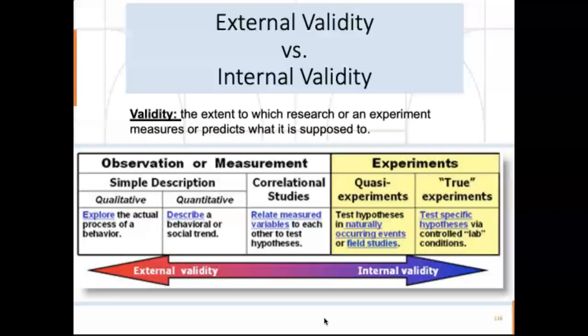And quasi-experiments, again, they're not going to have quite as much internal validity as they don't have true random sampling. But again, nothing is absolute in terms of science. Science is not absolute, but it does help us answer questions and gives us a bit more objectivity to that which we're searching answers for.